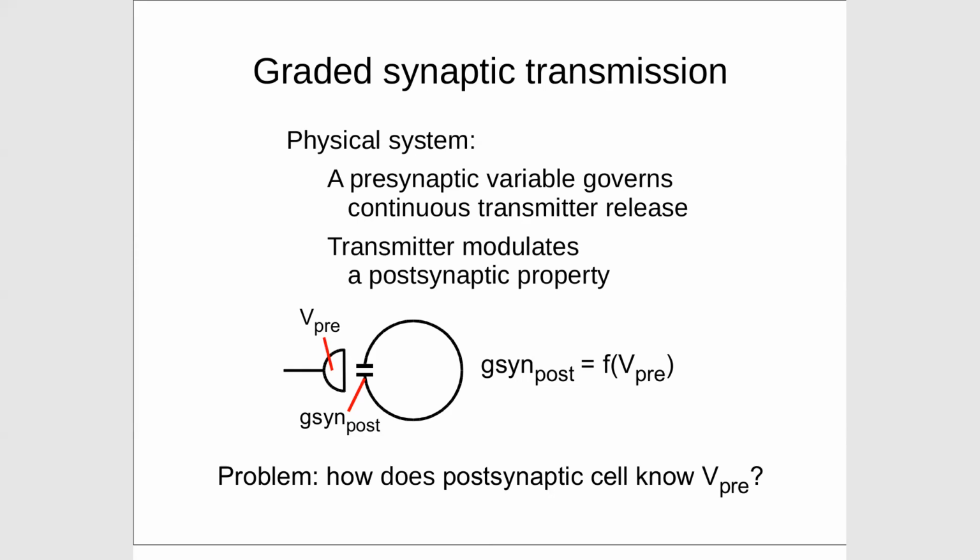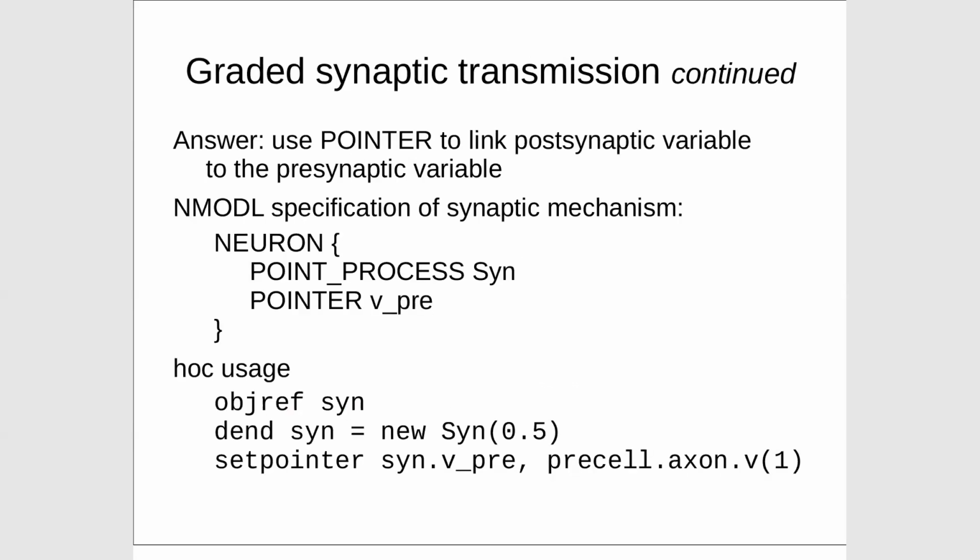But how can you with NEURON tell something in one segment about something that's going on in some other segment that isn't adjacent? Okay, so how does the postsynaptic cell know what V-pre is? Well, you can use a pointer variable that links the postsynaptic variable to the presynaptic variable.